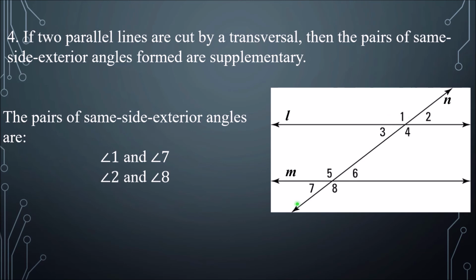So 1 and 7 are examples of same side exterior angles, and they are supplementary. So they are not congruent. They are supplementary. So the sum of 1 and 7 is 180. The sum of 2 and 8 is also 180.